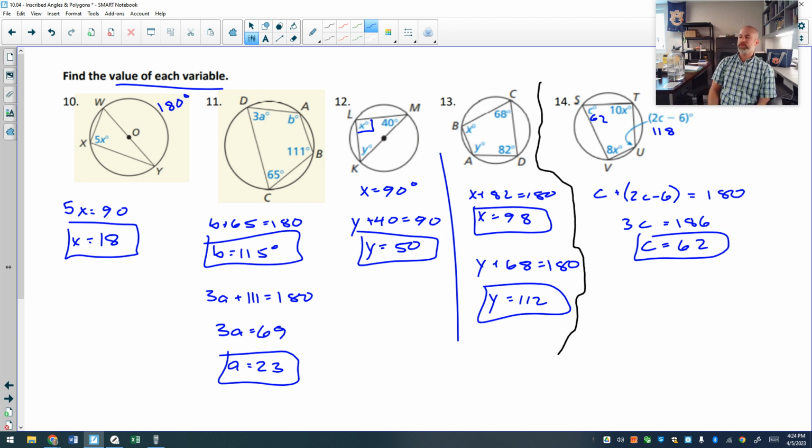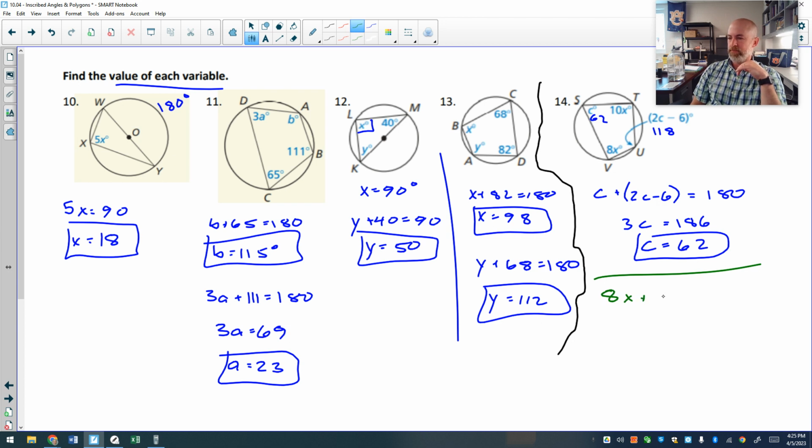Now we're left with the task of solving for X. And what's jumping out at me is I want to do the exact same thing I just did. I want to say that 10X is equal to 8X. The problem is, I just keep setting them equal. Never mind. I'm really having a bad brain day. But we don't do that. They're supplementary.